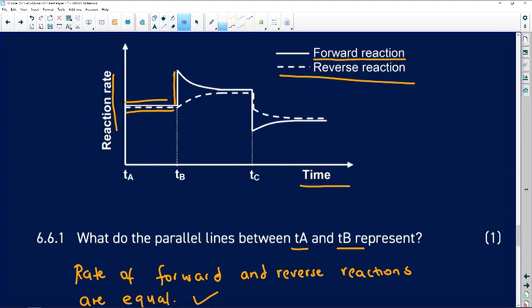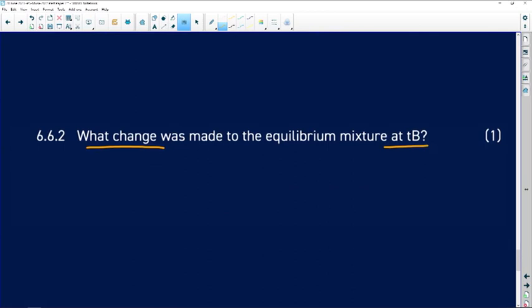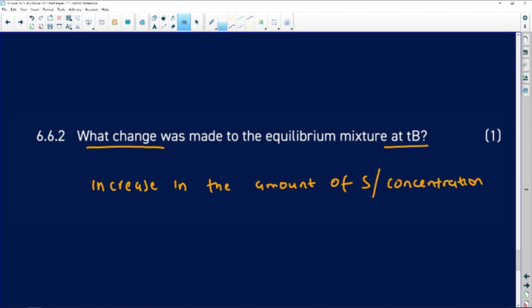That is concentration. So we can say there was an increase in the amount of sulfur, or concentration. You get your 1 mark there.